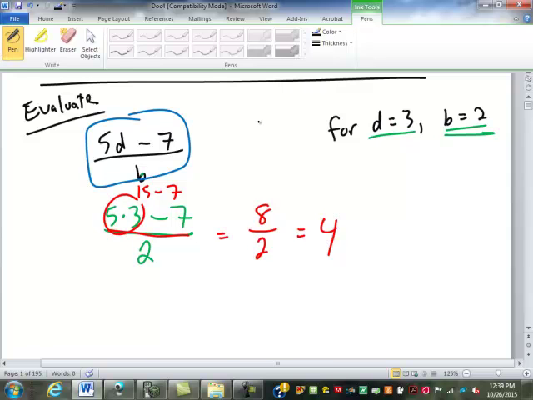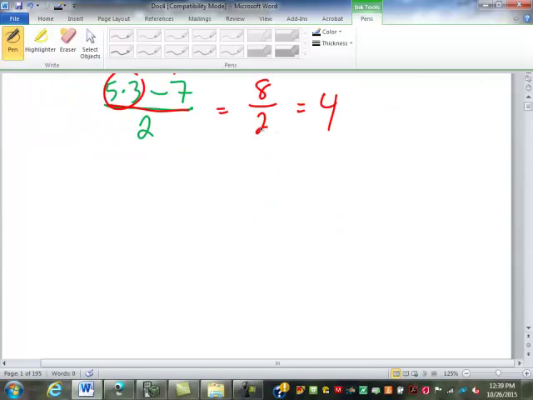So what we're being asked to do is take the variables and replace them with a numerical value. So we might even have something like this.